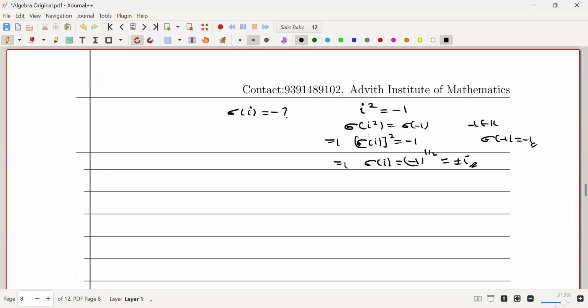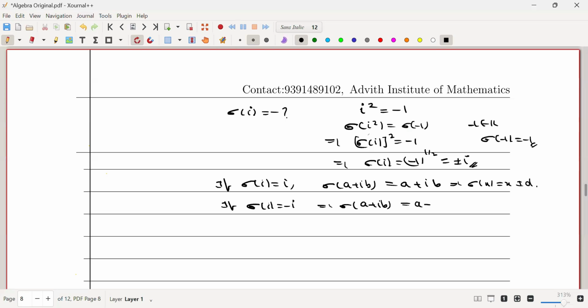Suppose sigma of I is equal to I, then how do we define sigma of A plus IB? Sigma of A plus sigma of I into B. That means sigma of X equals X, which is the identity automorphism. And if sigma of I is equal to minus I, which implies sigma of A plus IB is equal to A minus IB.